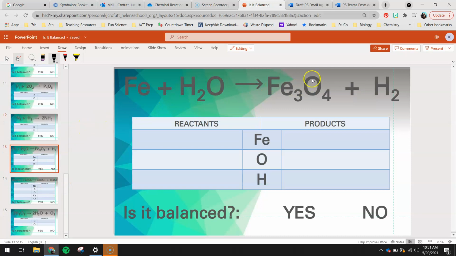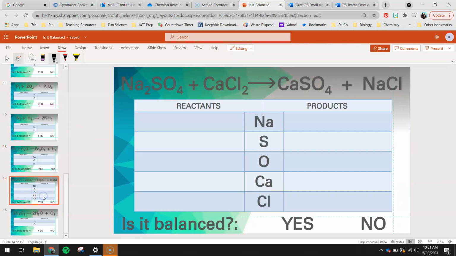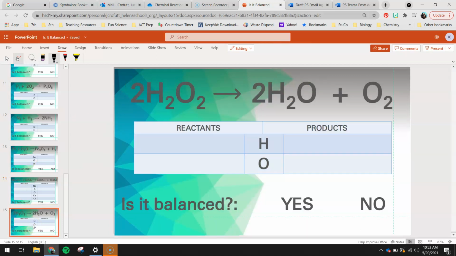Iron and water forming Fe3O4 plus H2, which is iron oxide. And sodium sulfate plus calcium chloride reacts to form calcium sulfate plus sodium chloride, which is table salt. And last but not least, we've got the decomposition of hydrogen peroxide, which you will see happen in class next week. So this is H2O2, which is hydrogen peroxide, reacts to form water and oxygen.